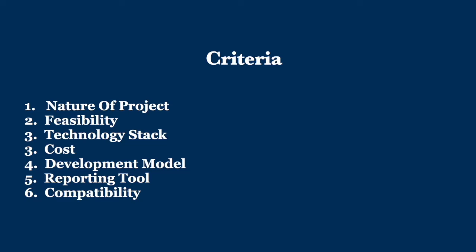Sixth, the compatibility. This is the most important point, because sometimes we create the complete automation test suite, we have a very beautiful reporting tool available, it requires a very small learning curve, it's easy to understand and everything. But what will happen if it is not compatible with the other DevOps tools or any other stuff?